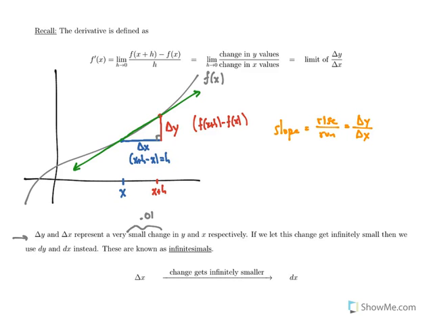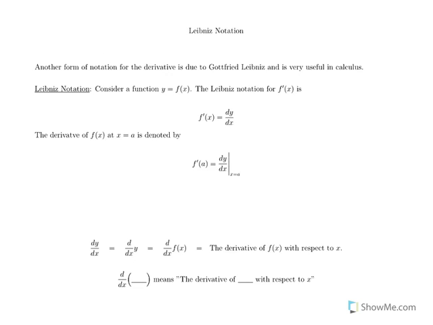And these are going to be dy and dx. So said differently, if I have a small change in x, delta x, and I let that small change get infinitely small, then what I am left with is dx, and dx represents an infinitely small change in x. And this is all to get us used to this idea of Leibniz notation.